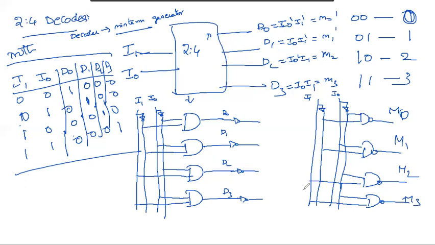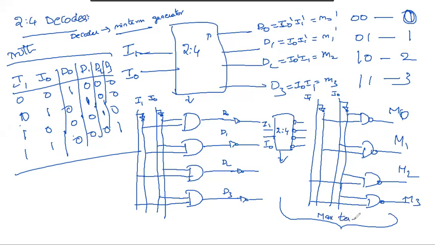So the maxterm circuit looks like a 2:4 decoder with bubbles, because we put bubbles. So I0, I1. Okay, this part is the maxterm generator.